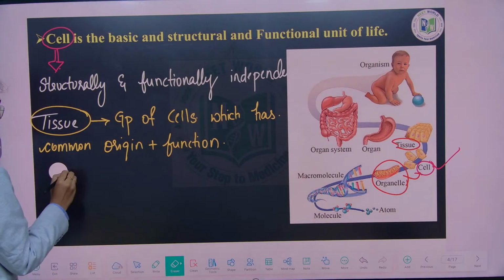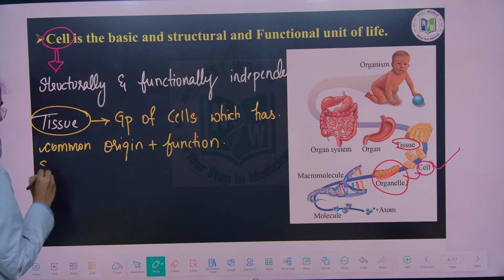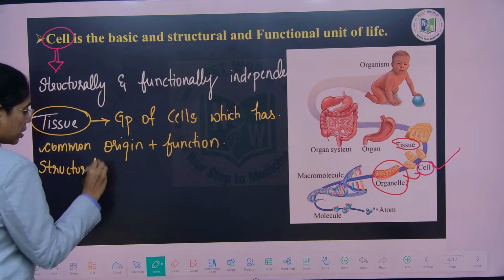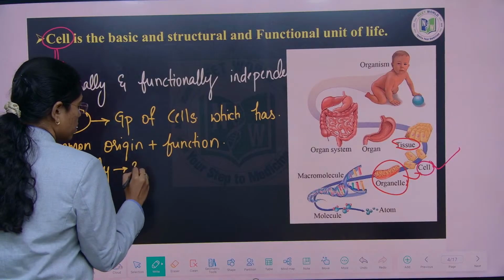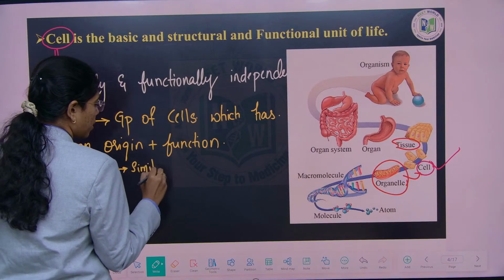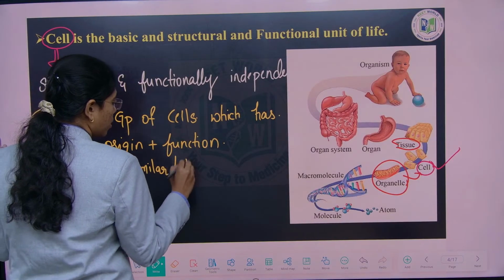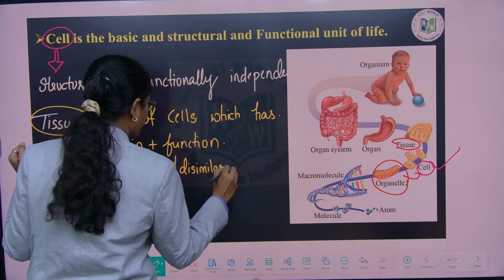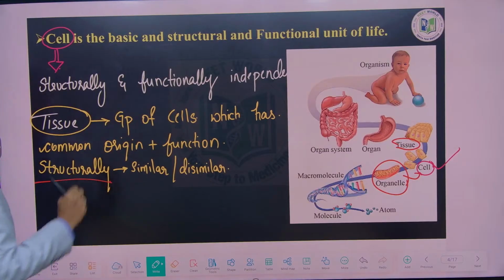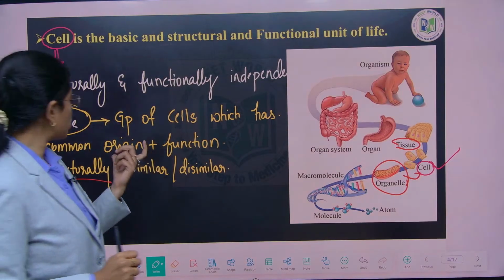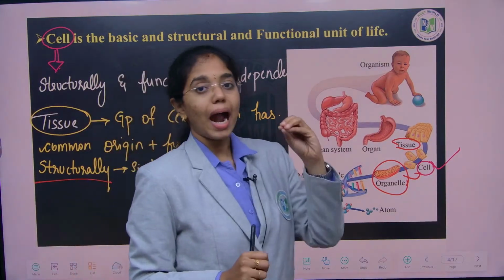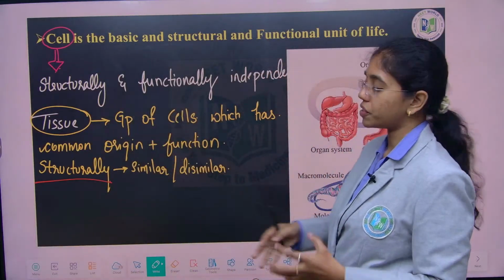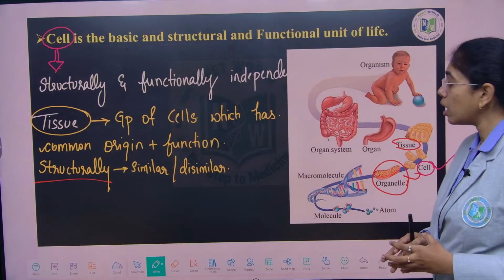Structurally they can be similar or dissimilar. Fine, right? So a tissue includes a group of cells which has a common origin and common function. Those cells can be structurally similar or dissimilar.